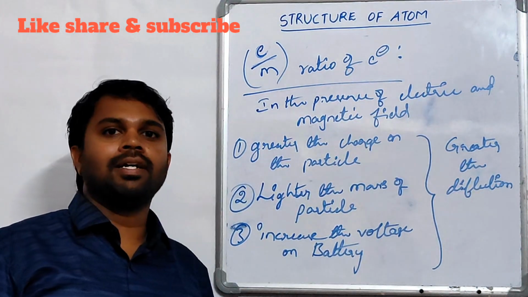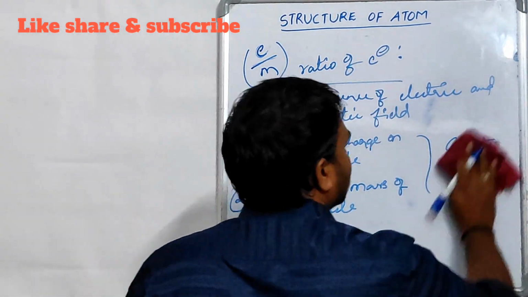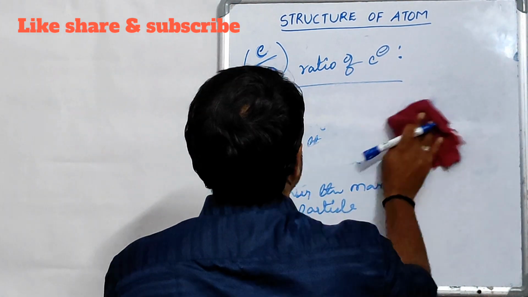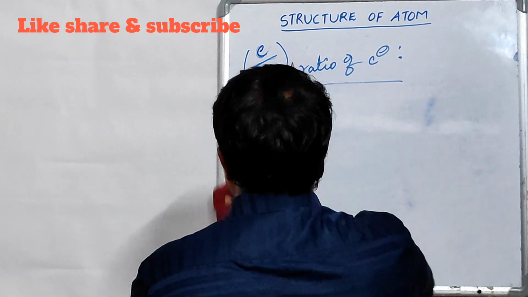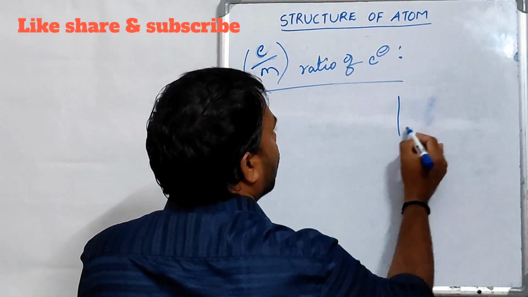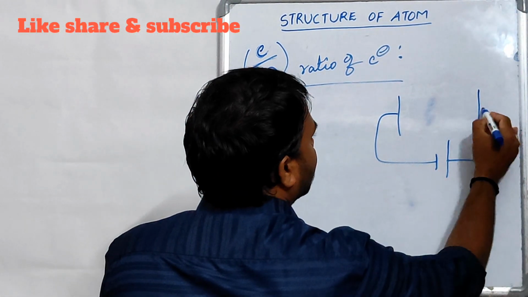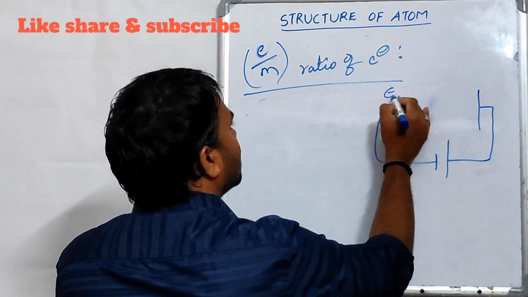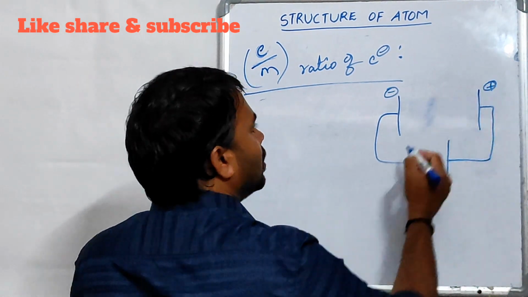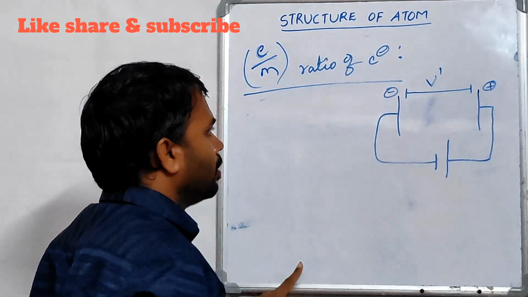Let's see how the E by M ratio was calculated mathematically. These two are electrodes, connected with an external battery. This electrode carries negative charge, this electrode carries positive charge. The potential difference between these two electrodes is V dash.